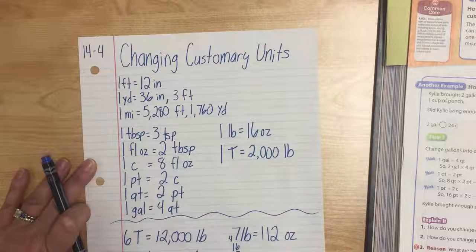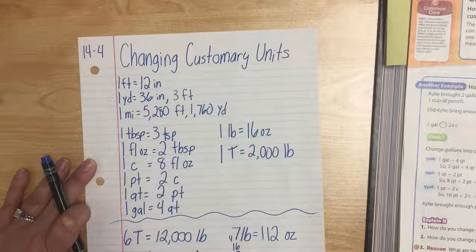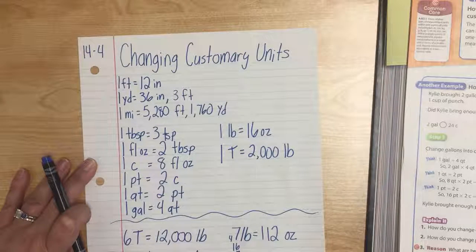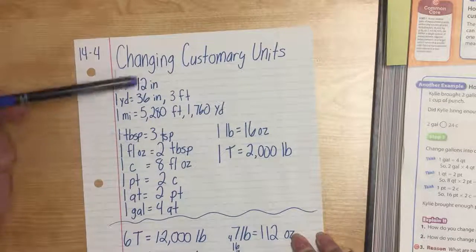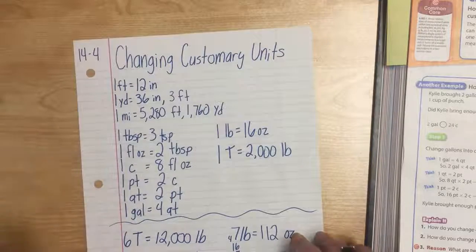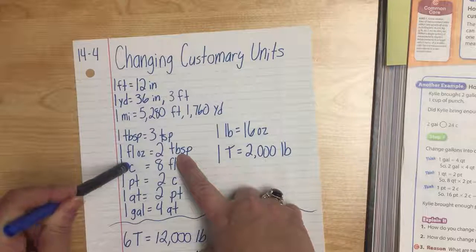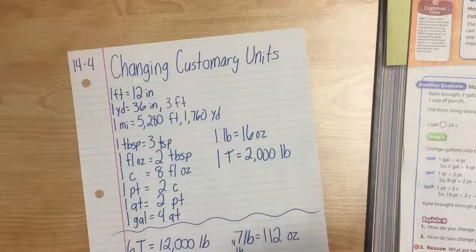I don't have anything on here that tells me what I can do, but do tablespoons and cups have something in common that I can work with? I can make them both into fluid ounces. So when I'm dealing with a measurement that I can't find on my chart, I have to find what they have in common. A tablespoon and a cup both have fluid ounces in common, so I'm going to convert them both into fluid ounces.